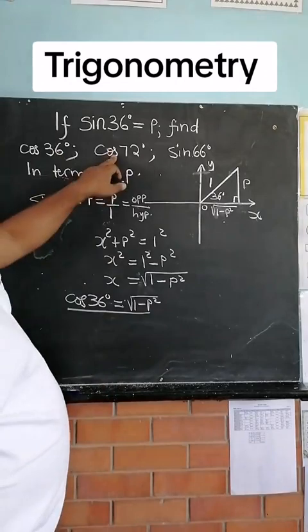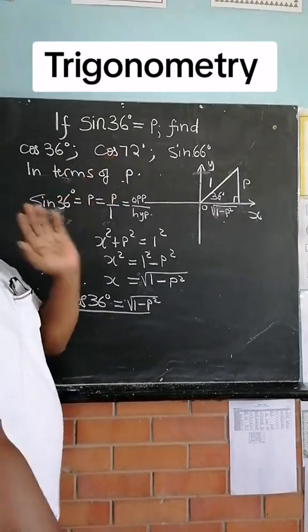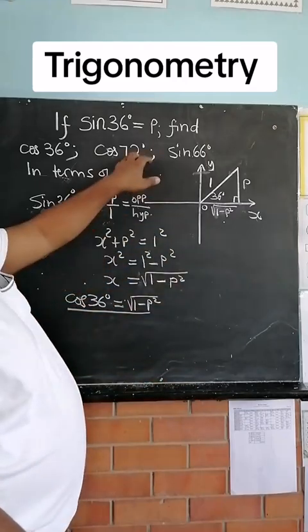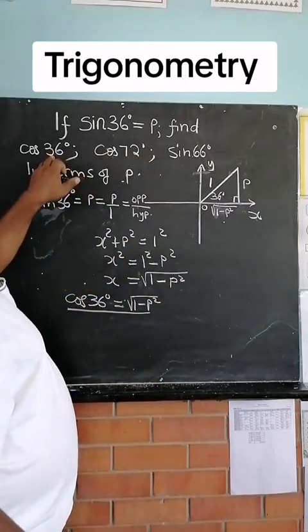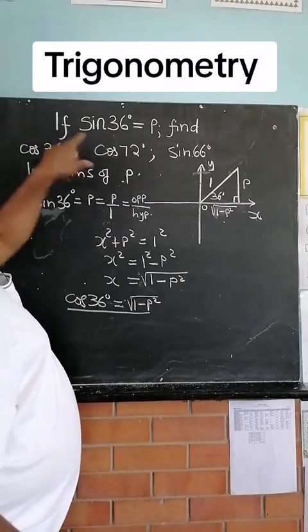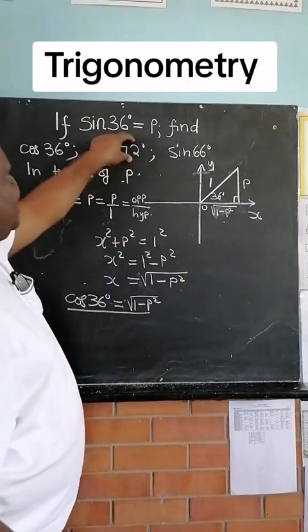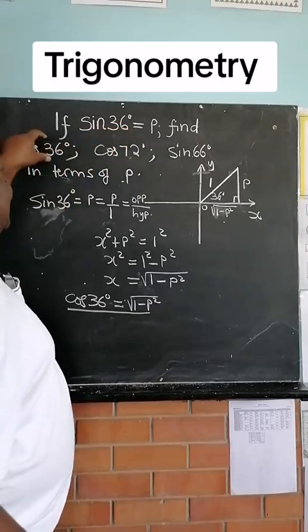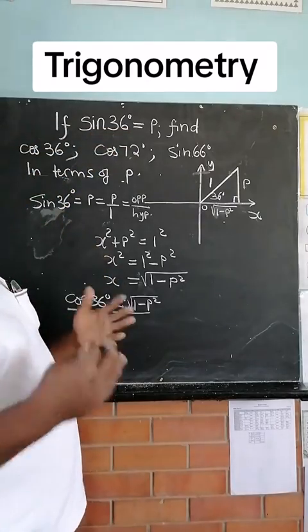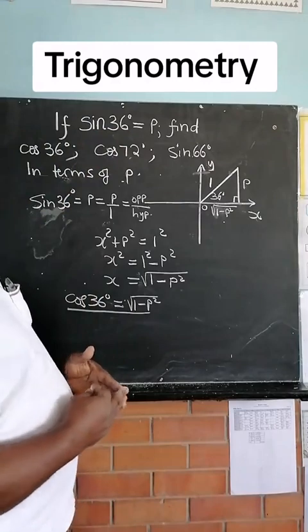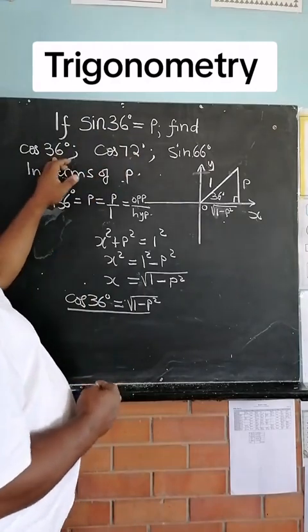Now when you come to cos of 72, what is the relationship between this angle 72 to the angle given? This angle is half of 72, or 72 is double 36. So immediately you must think about double angles. 72 is double of that.